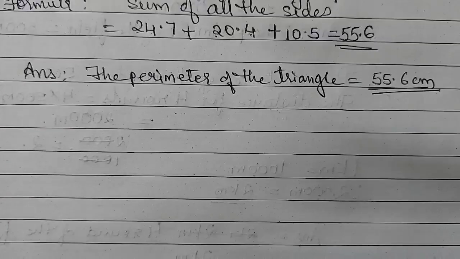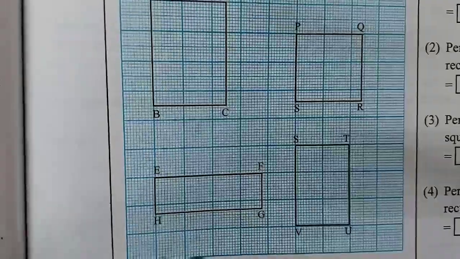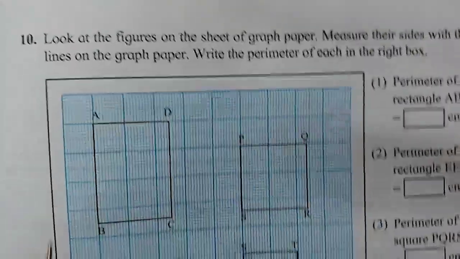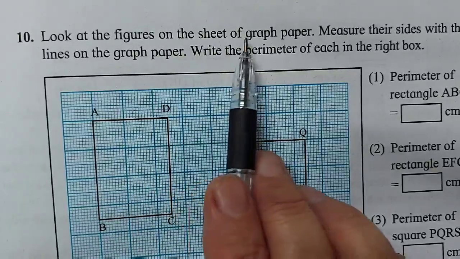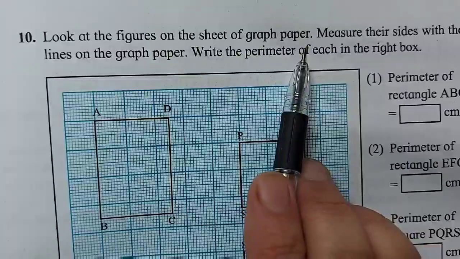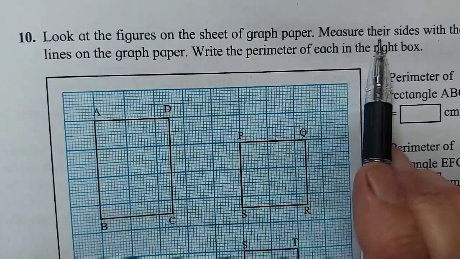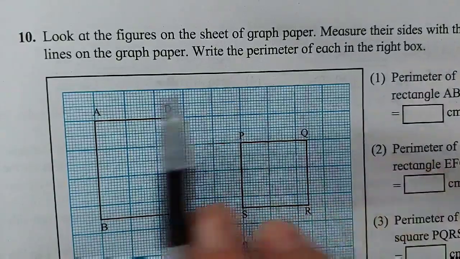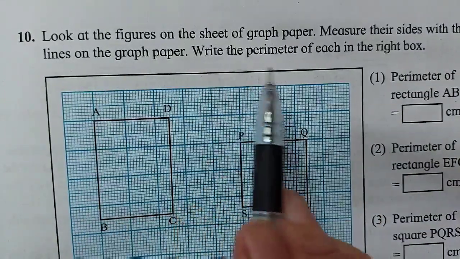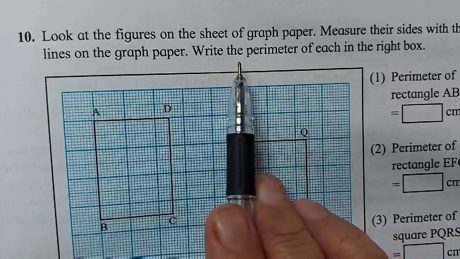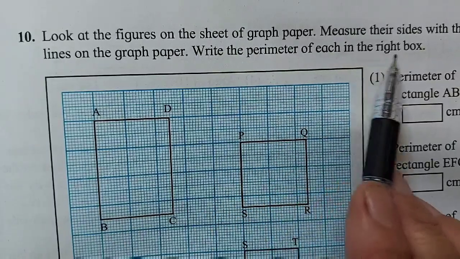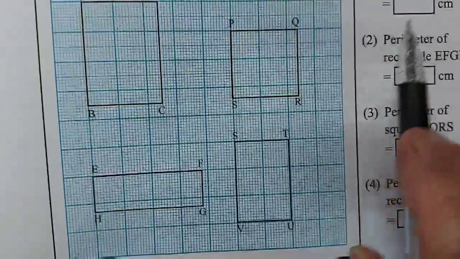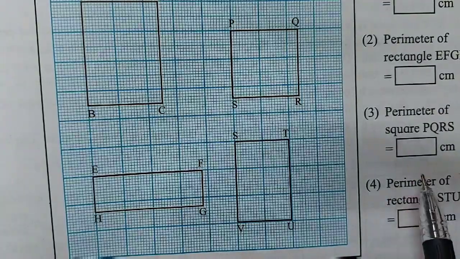55.6 centimeters. Now coming towards the last sum of the problem set, that is the 10th sum. Look at the figures on the sheet of a graph paper. Measure their sides with the help of the lines on the graph paper. Write the perimeter of each in the right box. Now here you have to write the answer.